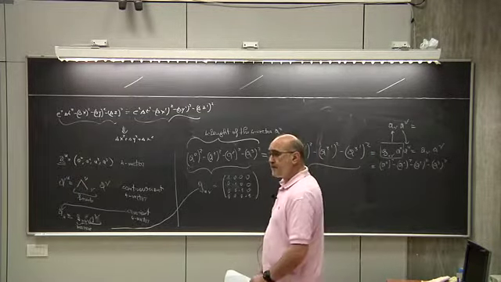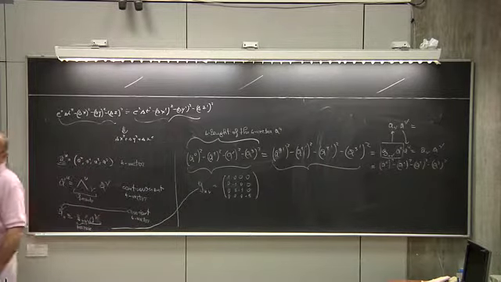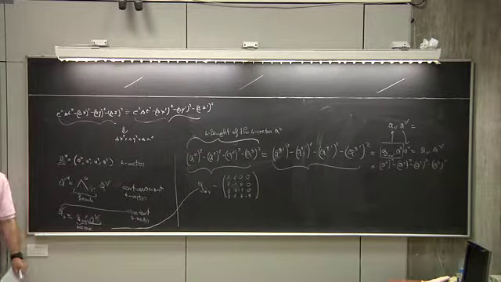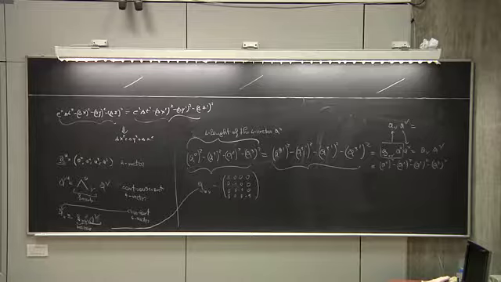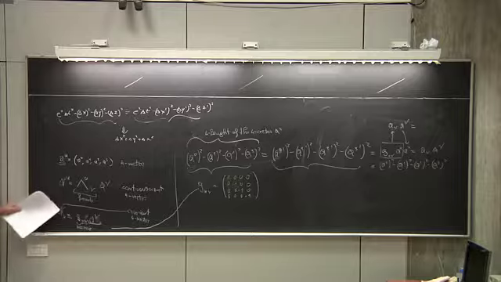Yes? Is it just a name when we say covariant vector? Yeah, it's just a name like Ennio or John or whatever. No, there is no physical meaning. At this level, there is no physical meaning. It's just a definition.